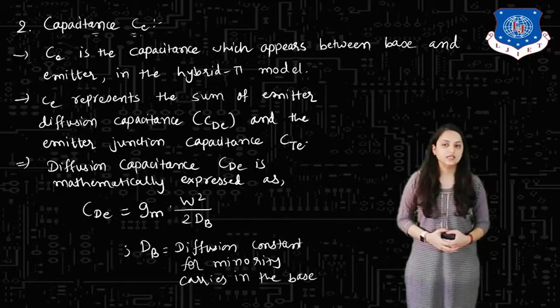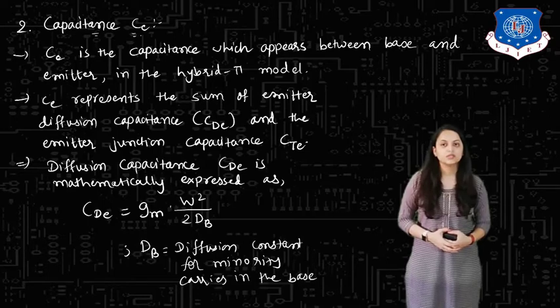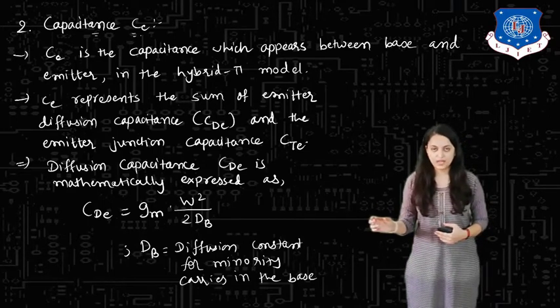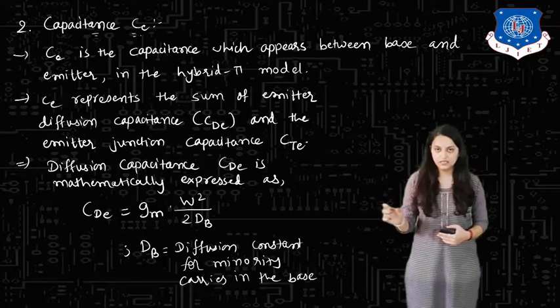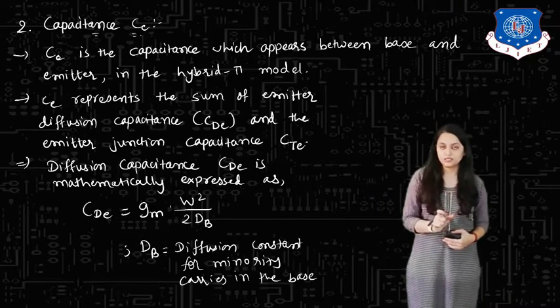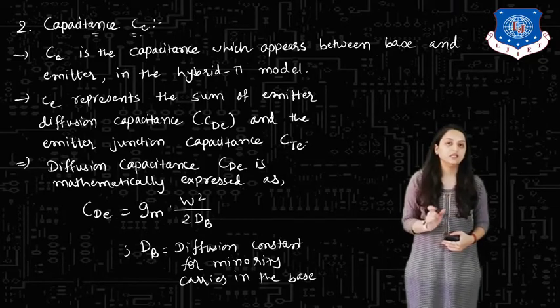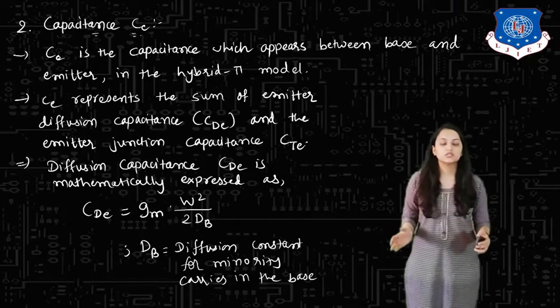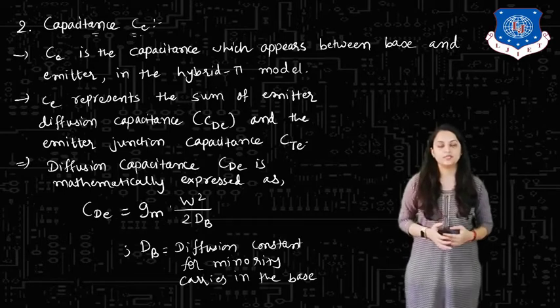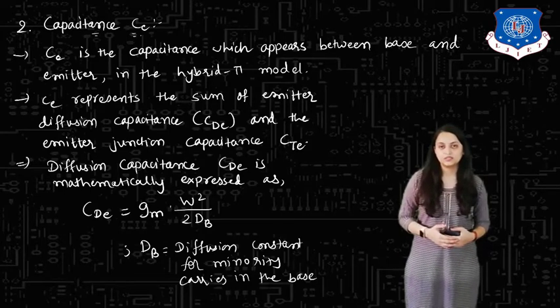Next is CE, the capacitance which appears between base and emitter in the hybrid pi model. Here CE represents the sum of the emitter diffusion capacitance, that is CDE, and the emitter junction capacitance, that is CTE. So CE is the addition of these two internal capacitances.